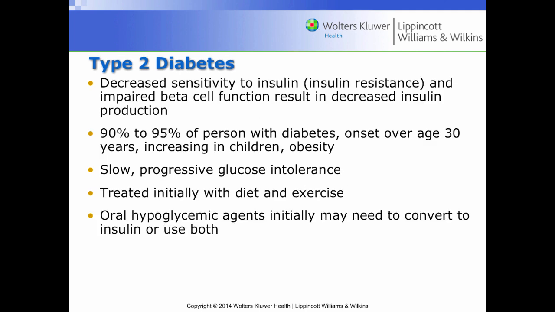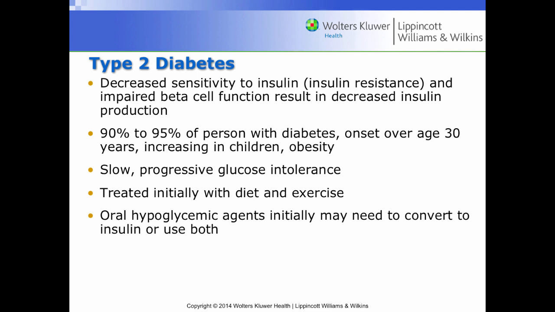Okay. The rest of the diabetic population, 90-95% of them, have what we call type 2 diabetes. Type 2 diabetes involves a decreased sensitivity of tissue to insulin, okay, or an insulin resistance. Now, the insulin resistance involves those tissue types I mentioned earlier, so it involves skeletal muscle, the liver, and fat cells.